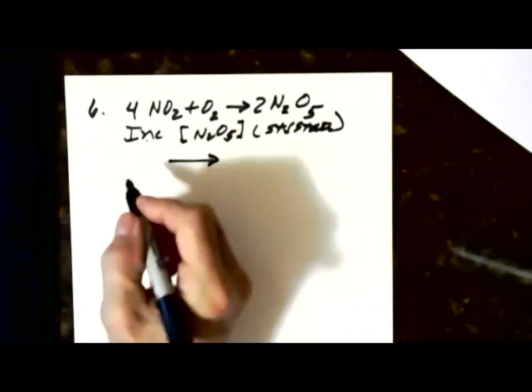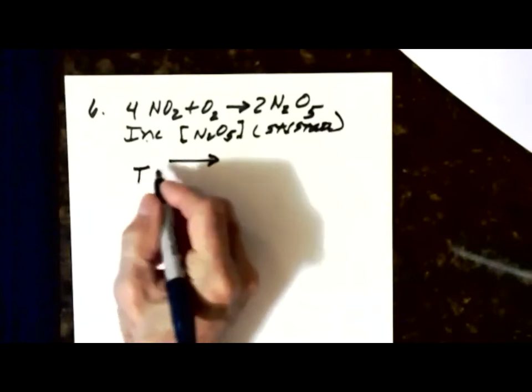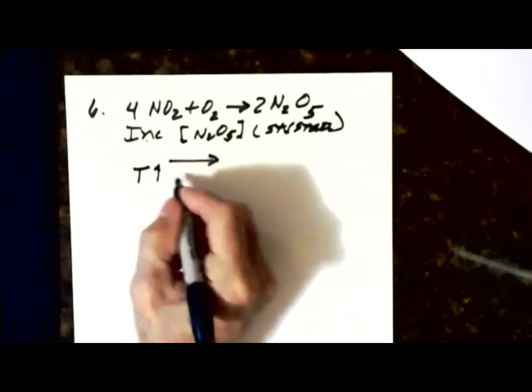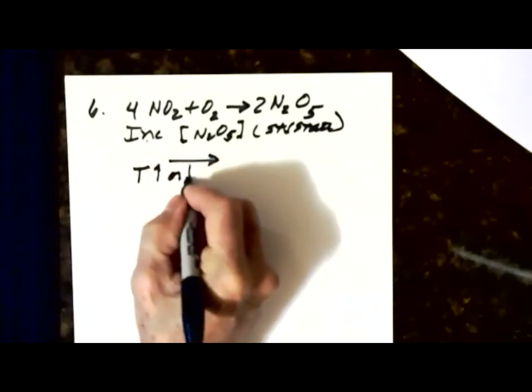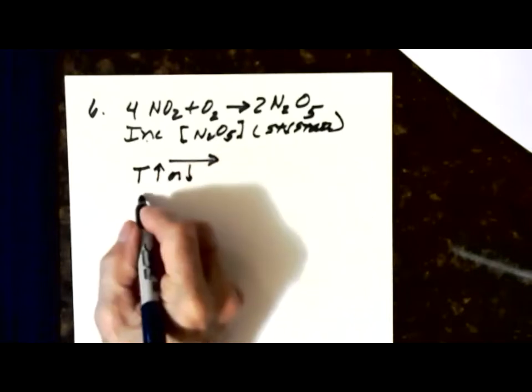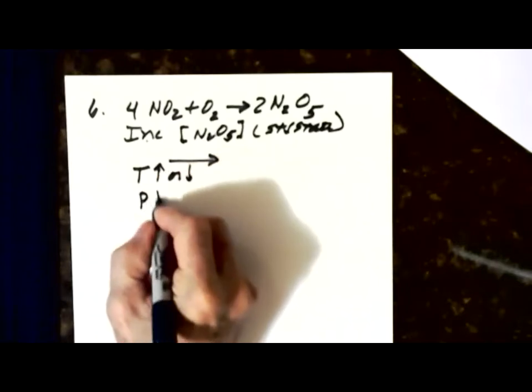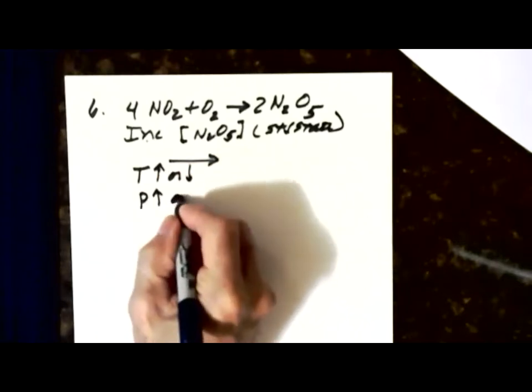And that's the direction I want it to go. Now, we want to know, what do we do to T? Does it go up or down? And what do we do to P? Do we raise the pressure up or down?